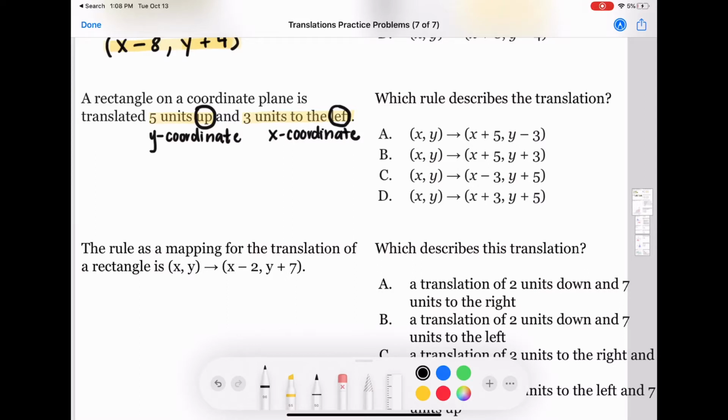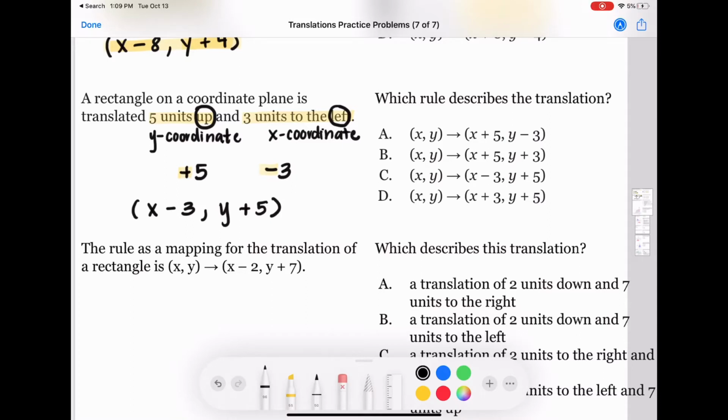We have learned that in order to move to the left, we have to have a -3, and in order to move up, we have to have a +5. A positive represents that we are moving up, while negative represents that we are moving to the left. Therefore, our mapping rule would look like x - 3 and y + 5.